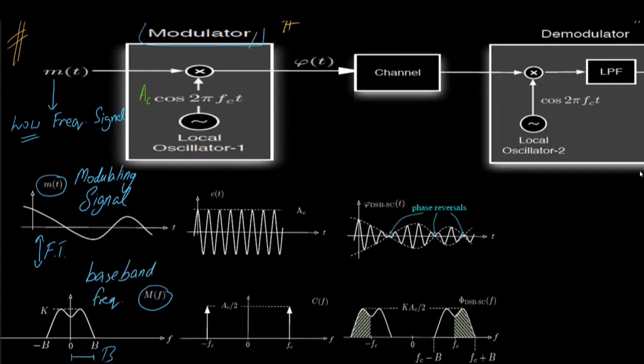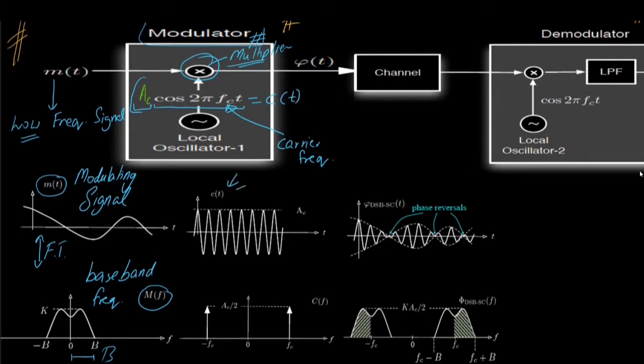This modulator is nothing but a multiplier. We have this multiplier block whereby we multiply a simple sinusoid, that is cos 2 pi fc, having an amplitude of AC, and fc is our carrier frequency. This whole function we can call c of t, which is plotted over here.